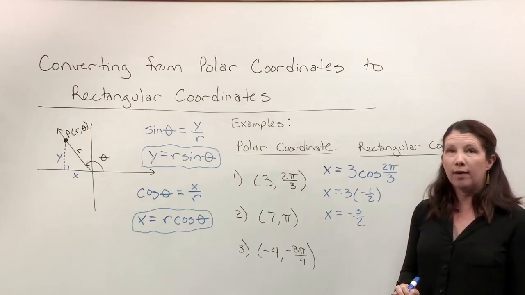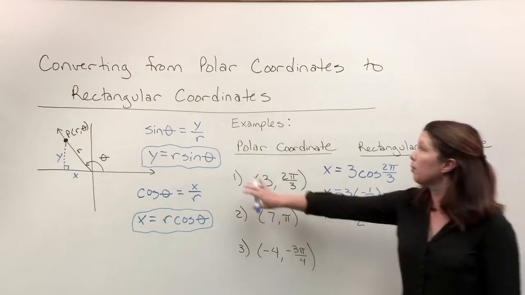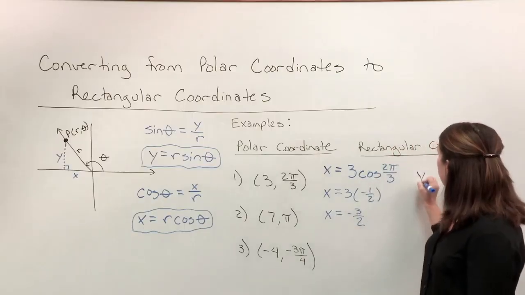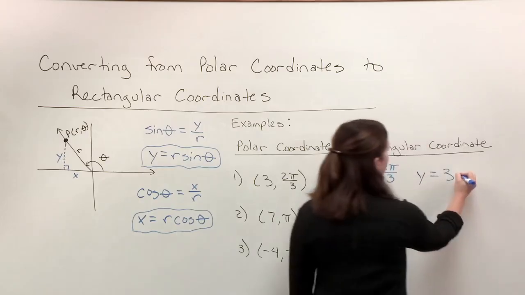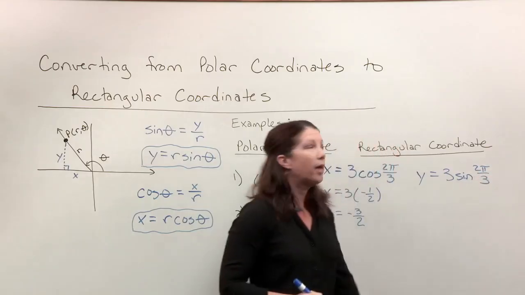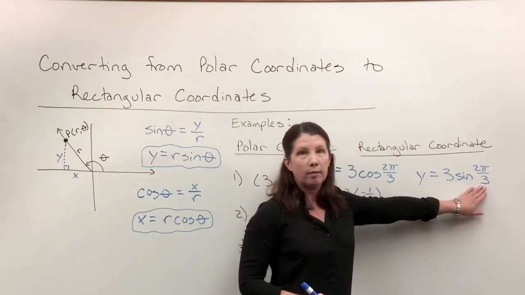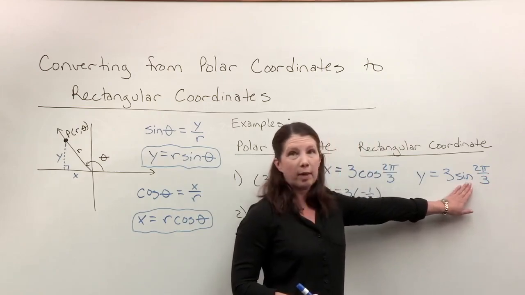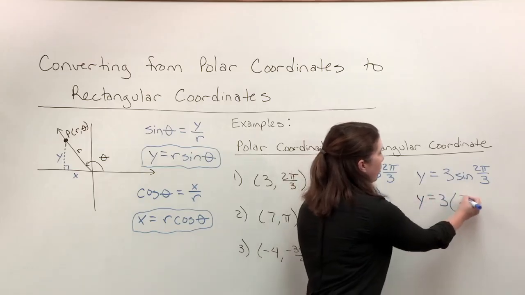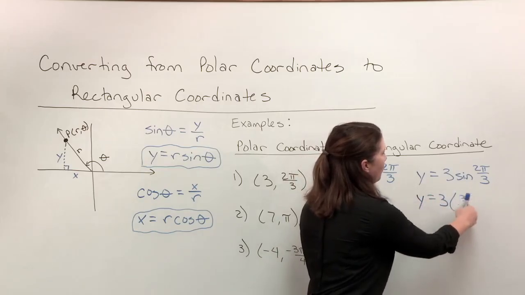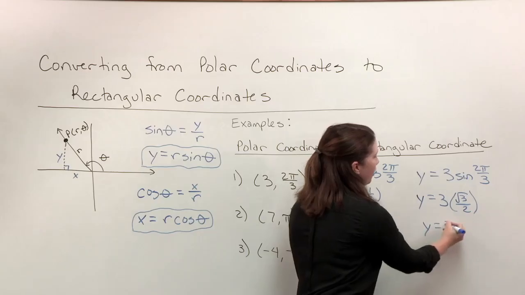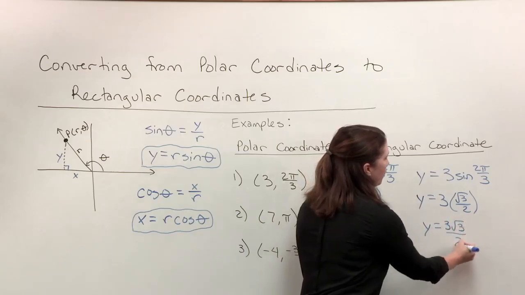To find the y value for our ordered pair, we use the formula y equals r sine theta. So y is equal to 3 sine of 2 pi over 3. Again, a reference angle of pi over 3. Quadrant 2 where sine is positive. So the sine of 2 pi over 3 is square root of 3 over 2. And so our y value is 3 square root of 3 over 2.